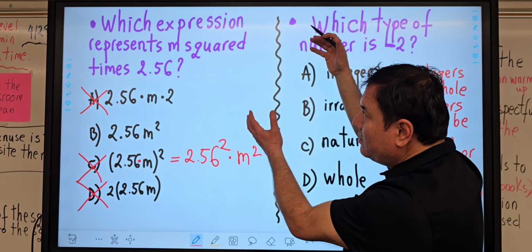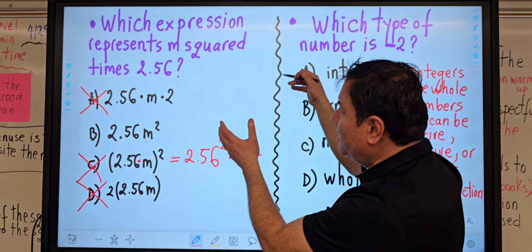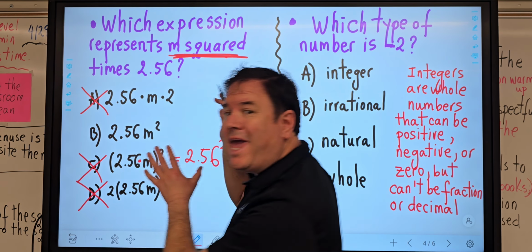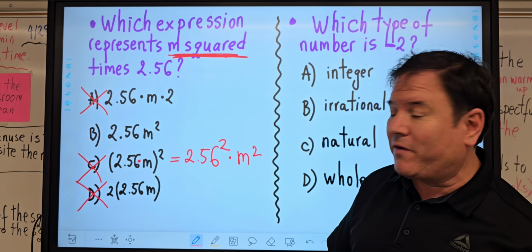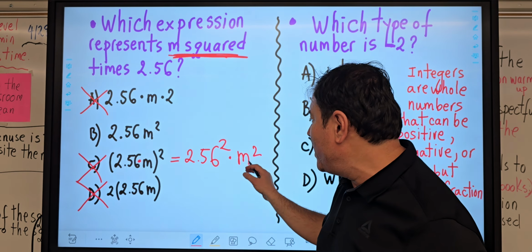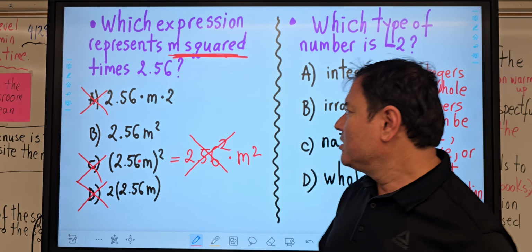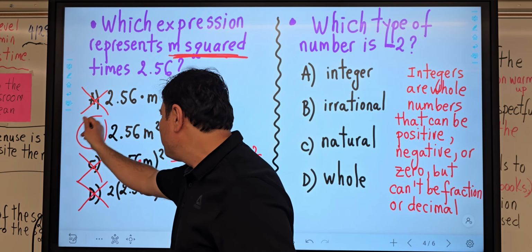And this is not what the question is. Which expression represents only m squared times 2.56? So obviously this cannot be the answer. So the answer is only B.